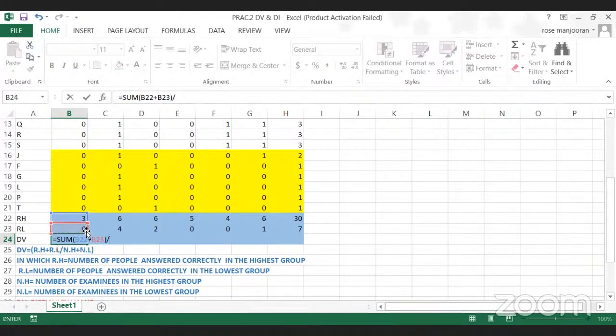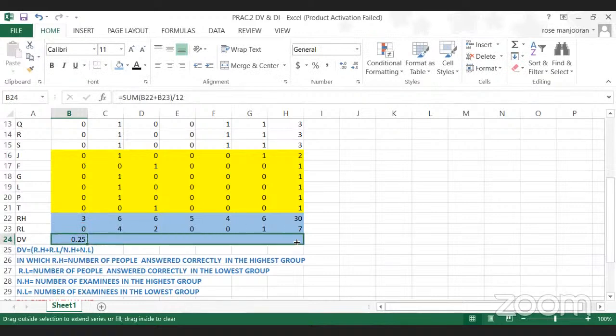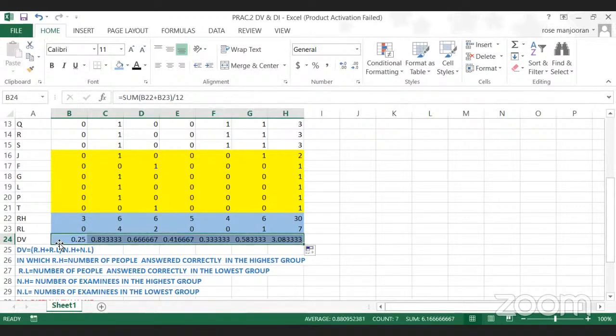Then divide it by the number of examinees in the highest and lowest. That means we are selecting 6 from the highest and 6 from the lowest, so it will be 12. So you can see the answer here. Then we drag, so you will get the answer for all items. So this is the difficulty value. And can anyone say what it means?